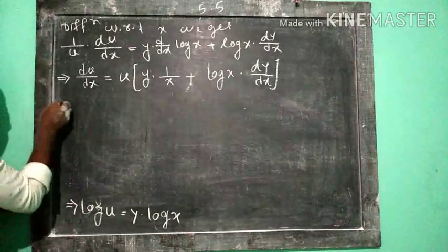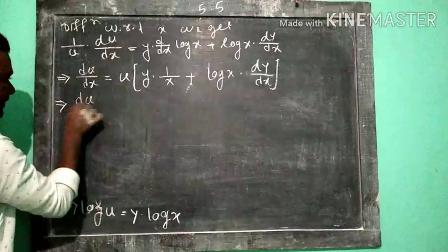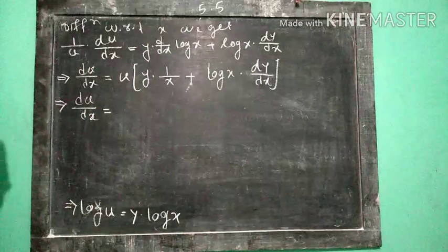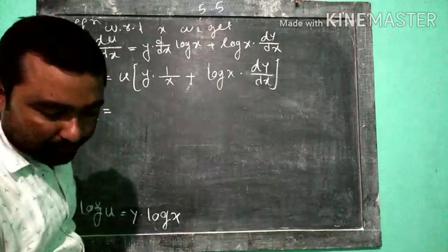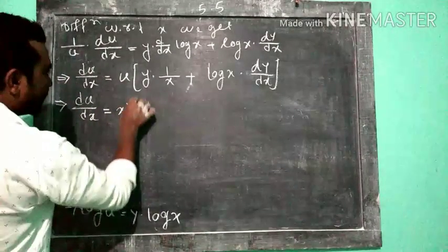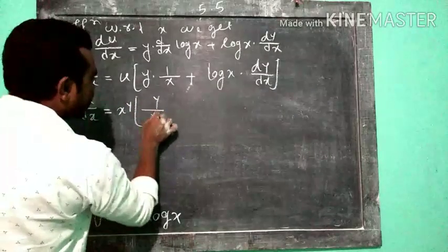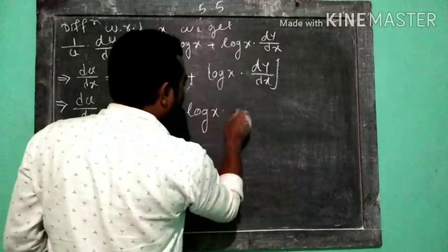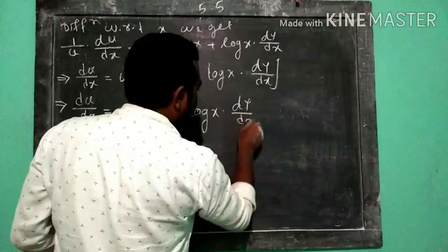So that implies du/dx is equal to, what is u? u is x to the power y. So right here x to the power y into y by x plus log of x into dy/dx.